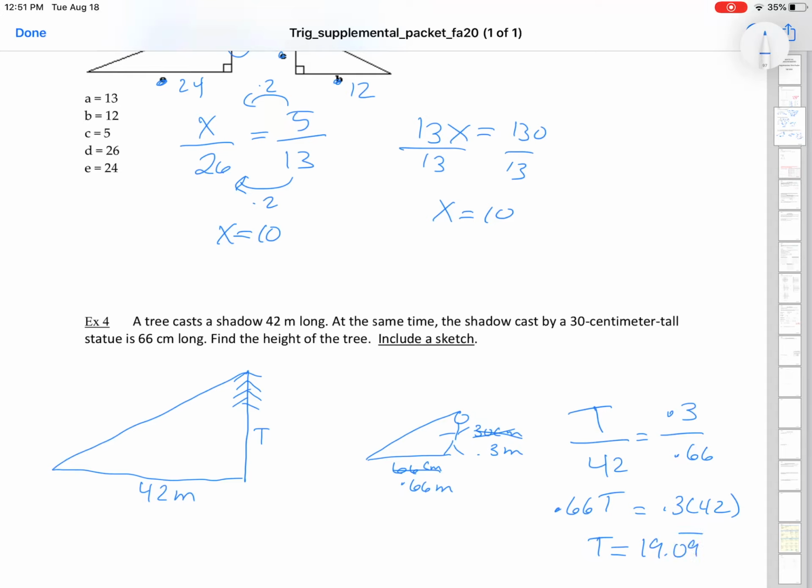So we're going to say the height of that tree is 19 meters tall. Right? So a meter is about a yard, so it's 19 yards tall, which is pretty big, right? So in terms of feet, which we usually talk about, it would be 57 feet tall. So that's a pretty tall tree.